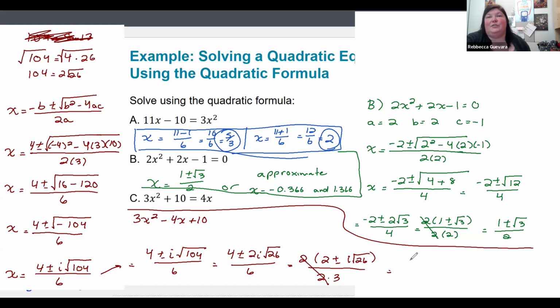The 2's will cancel because they're the same factor. We have 2 plus or minus i square root of 26 divided by 3. And I believe in your homework, they're willing to take it in this direction. So the square root of 26 followed by the i.